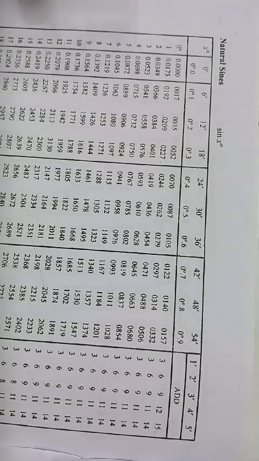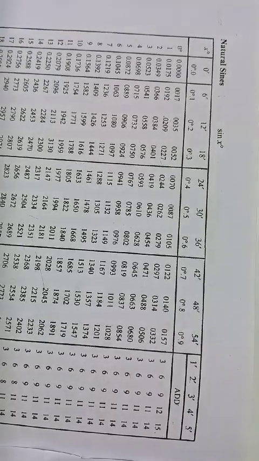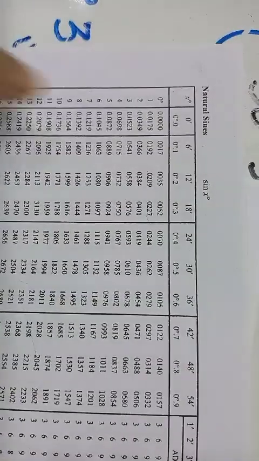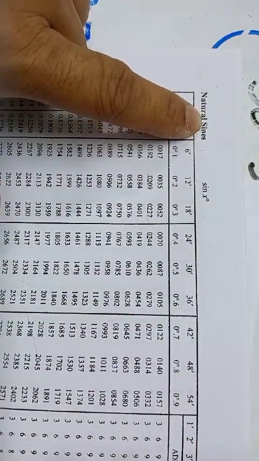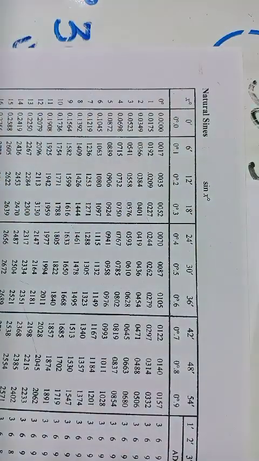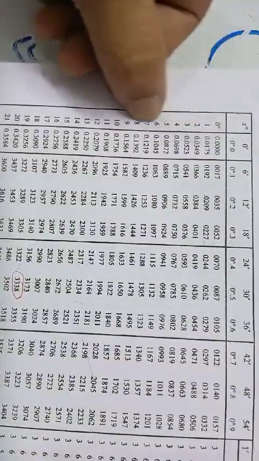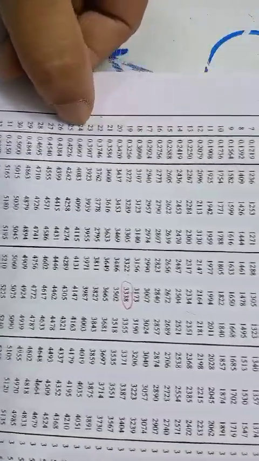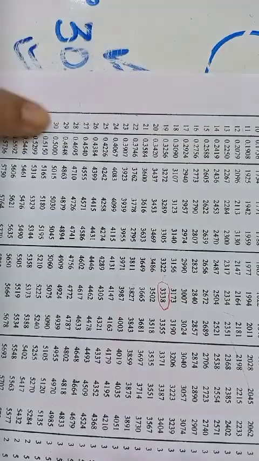Okay, so let's say, for example, if somebody wants to have a look at sine 30 degree. Now this obviously is the sine page, so you don't have to worry about the sine part. These are all sine values. So you have to look at 30 degree. So where is that 30 degree? Now this is the angle column, so you will keep looking down and you will come to this 30 over here.